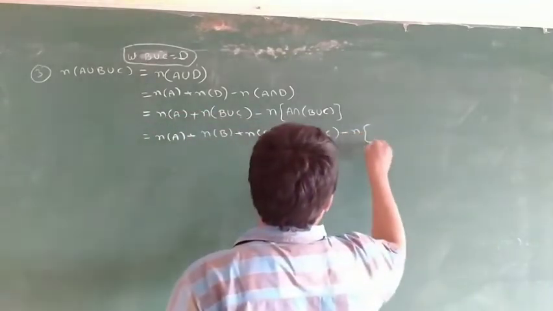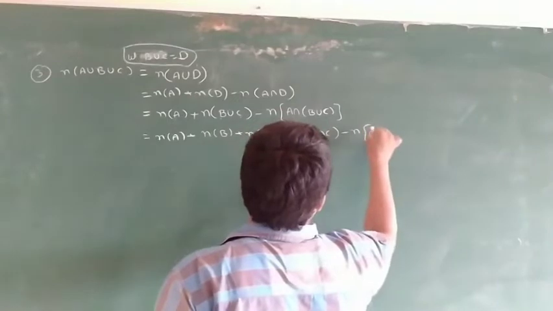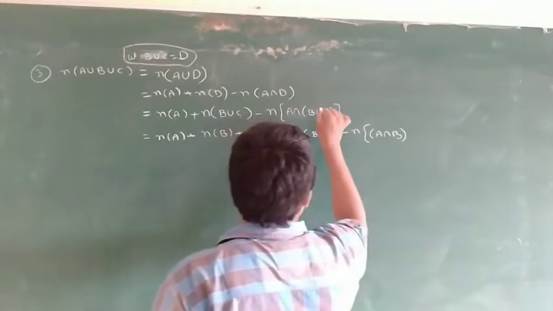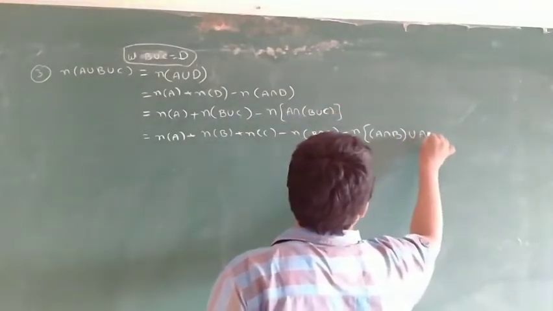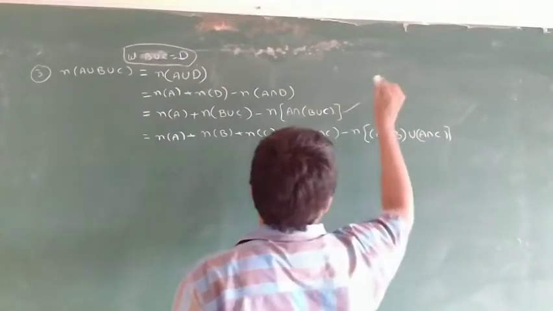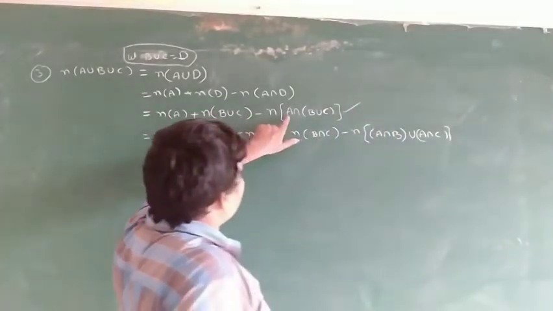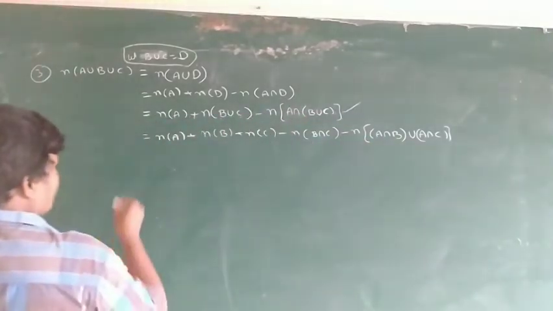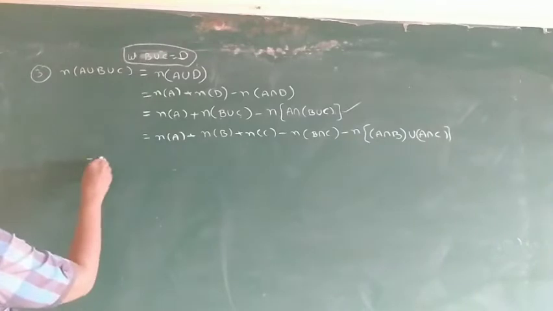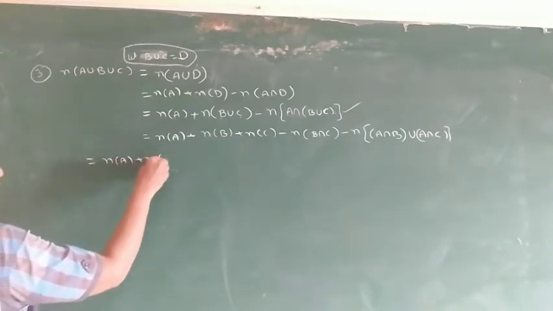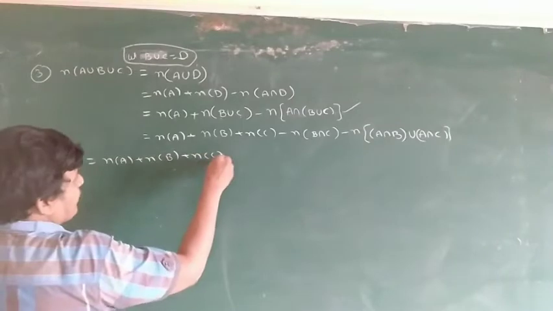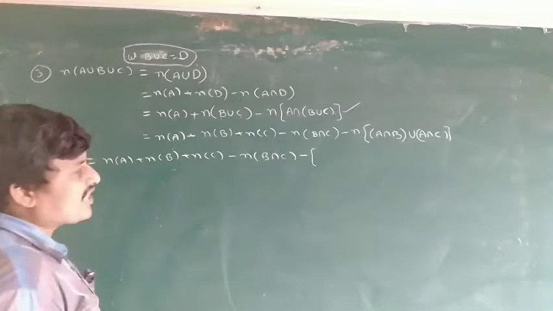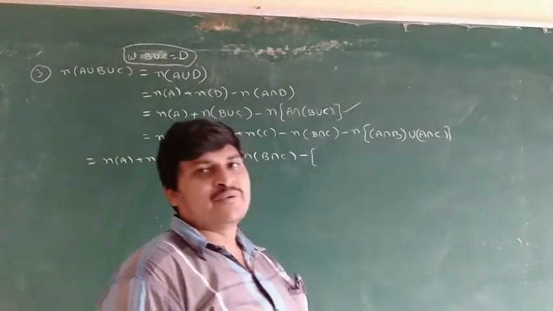So minus n of A intersection B union C, which is equal to A intersection B union A intersection C. The last one, convert into A intersection B union A intersection C. So that is equal to n of A plus n of B plus n of C minus n of B intersection C minus, once again apply the A union B formula.